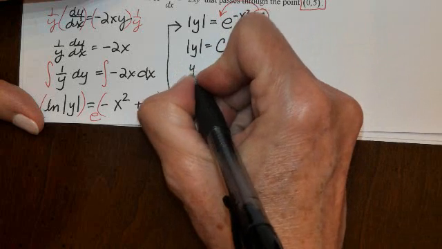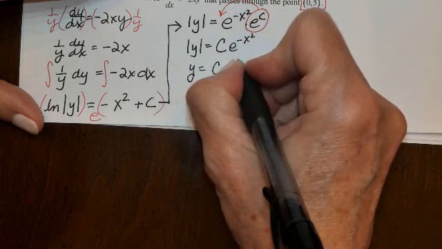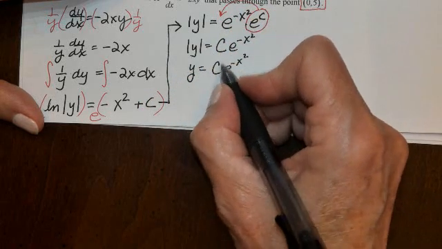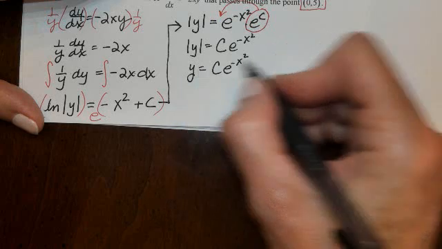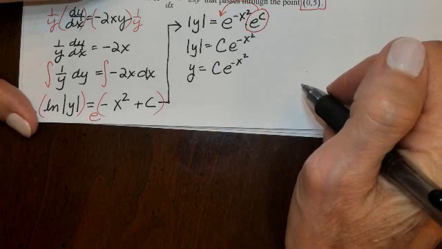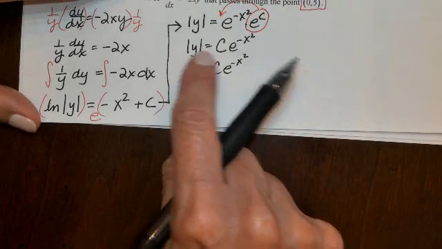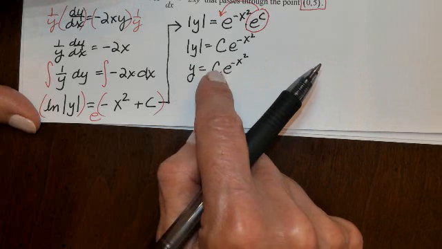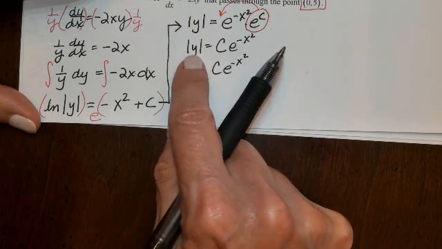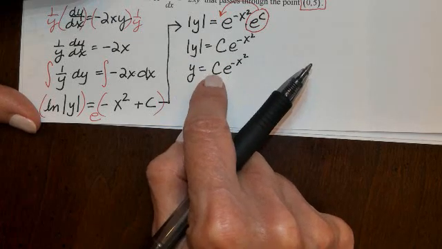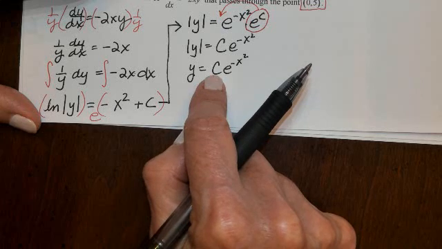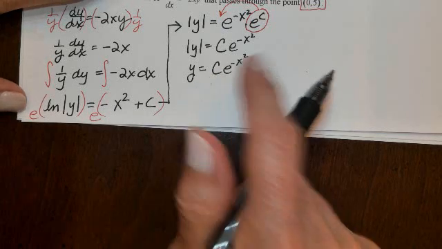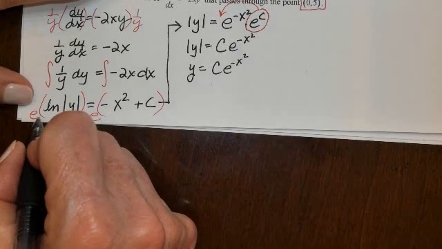So we can ignore the absolute value and let the c absorb that, because we're going to have to find the particular solution. So we're letting that c absorb the positive or negativeness of it. Essentially, we're multiplying by either a positive or negative, and we get another constant.